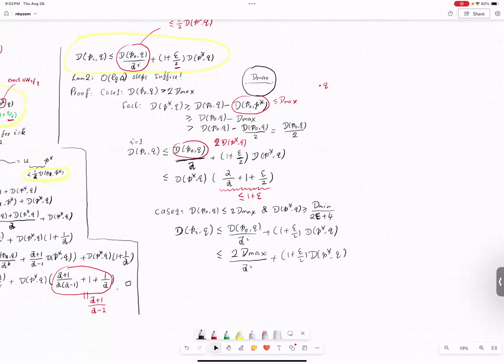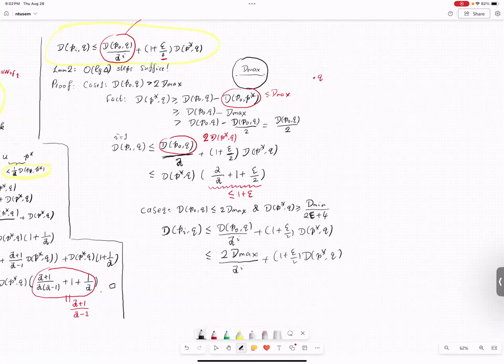Okay, good. Now what we're going to do is make sure that this term is at most epsilon over 2, and then 2 epsilon plus 4 in the denominator, and then d min.